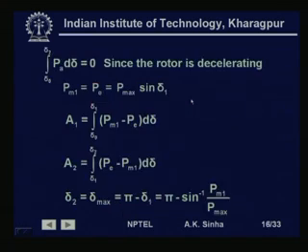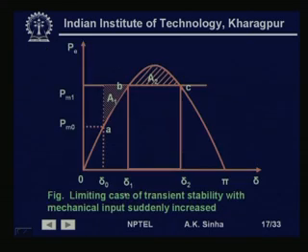So, under such a situation, when delta 2 is equal to delta max, that is the maximum delta which is possible for stability, which this delta max is equal to how much? This is delta 1, and this will be pi minus delta 1.